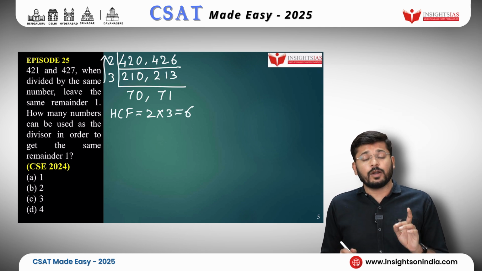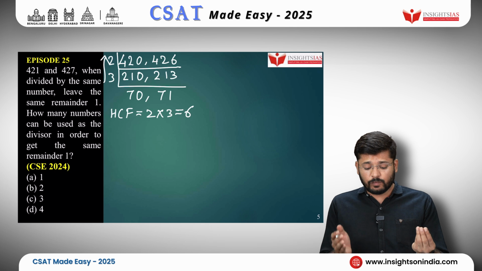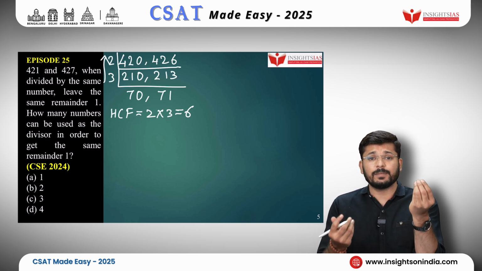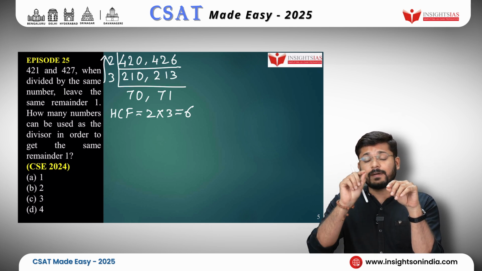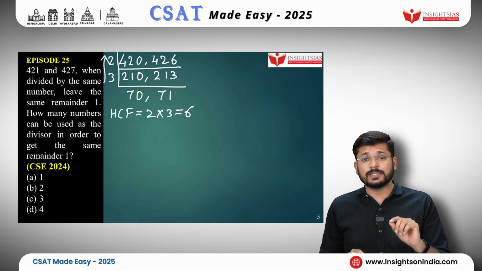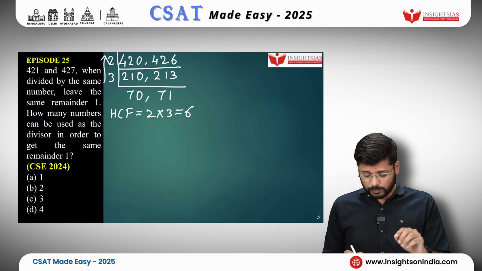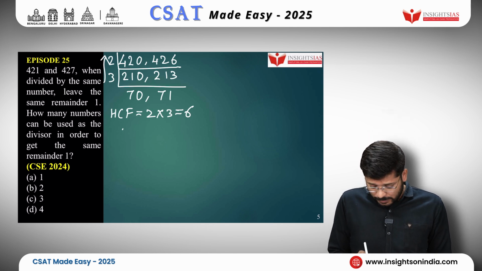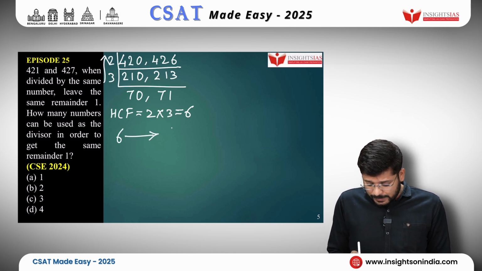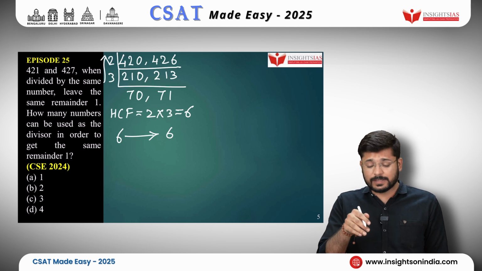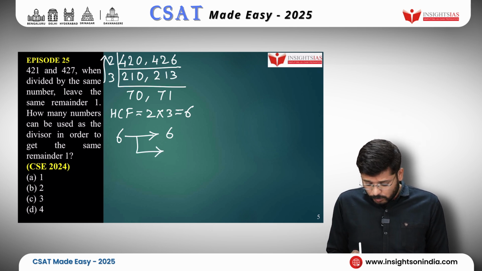Now 6 is one of the numbers which will divide 421 and 427, leaving a remainder of 1. However, the factors of 6 also do the same, provided that the factor is more than the given remainder. How many factors does 6 have? First, 6 is a factor of itself. Then 6 is divisible by 2. Then it is divisible by 3. It is also divisible by 1.